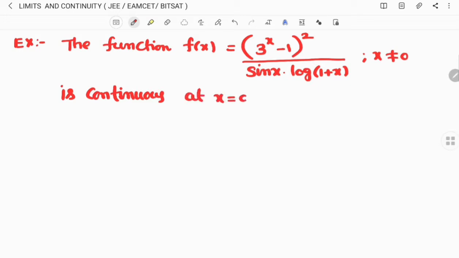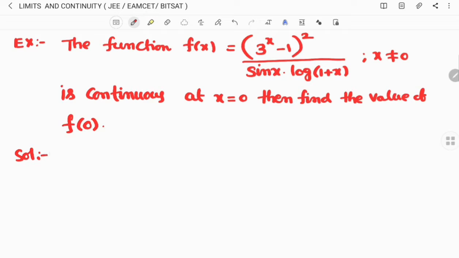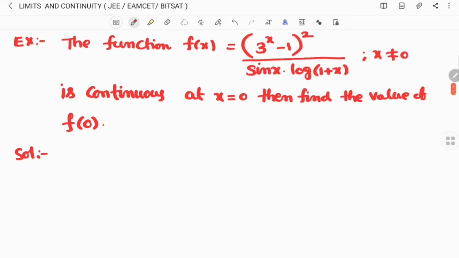Then find the value of f of 0. Just this is a theoretical example I am giving here. F of x is continuous at x equal to 0, they are saying.